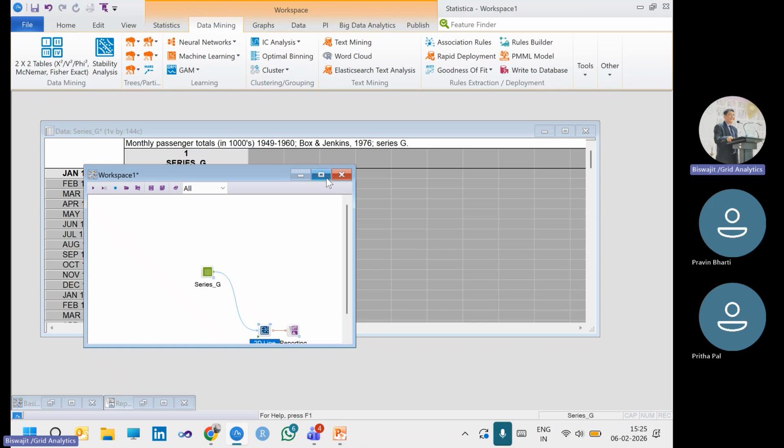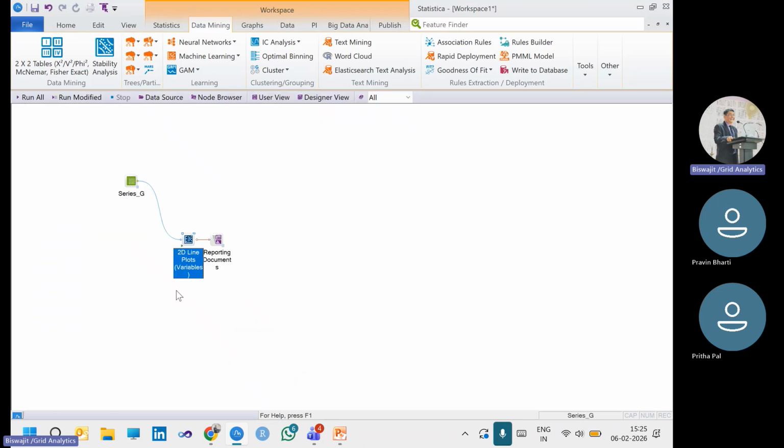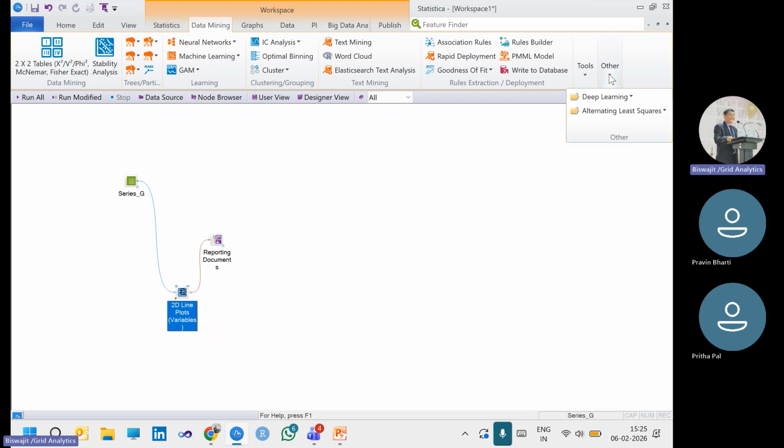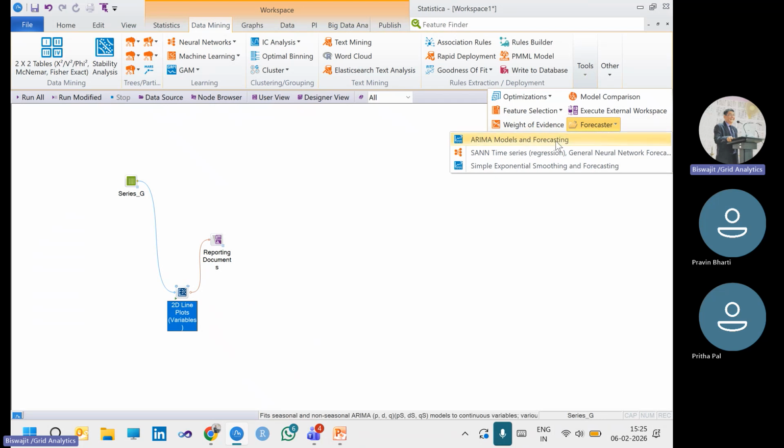And as I submitted, in order to do this, I showed you two methods: one through the conventional time series, and alternatively through the neural network, through the ribbon bar also. In addition to that, we have another shortcut tab which is defined to solve time series forecasting through AI.